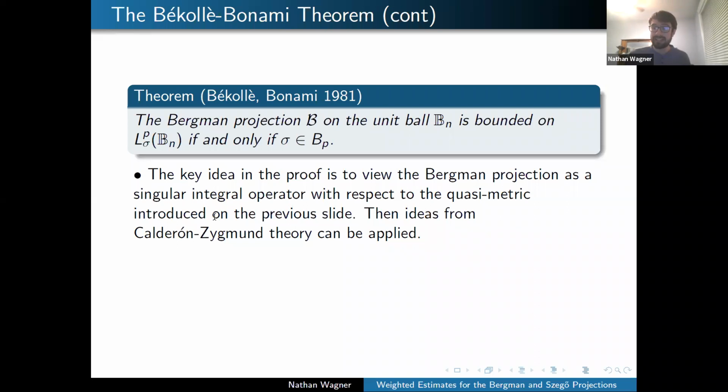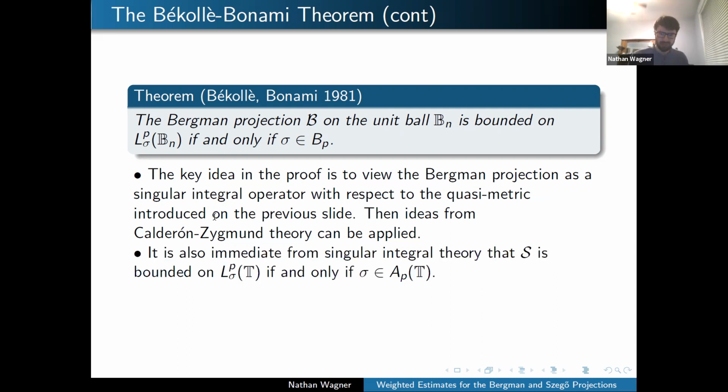And what's really the key idea here? Well, as you might expect, if you know harmonic analysis, you should view the Bergman projection as a singular integral operator with respect to the quasi-metric that I displayed on the last slide. And then you can use ideas of Calderón-Zygmund theory, which is, of course, very well developed. For the Szegő projection, the correct class should be an AP class.